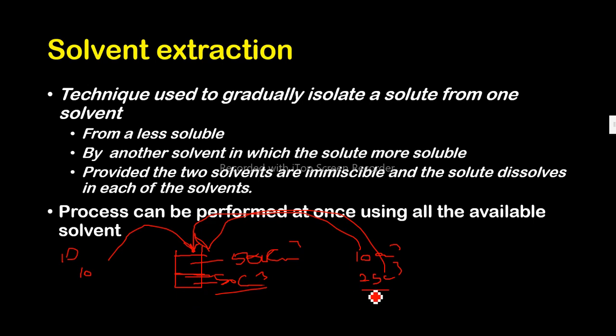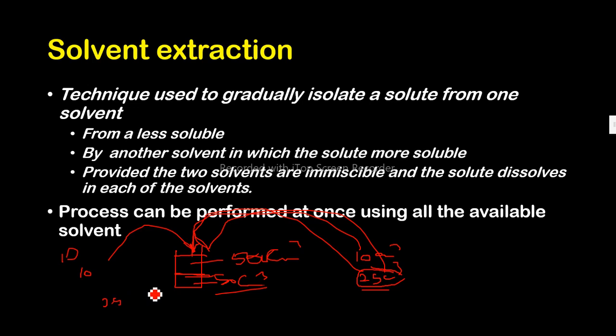Or you can use 25. You just divide this into two portions of 25, 25. You pour the 25, you shake, you leave it to settle, you attain an equilibrium, you isolate. You have your 25 together with the dissolved solute.